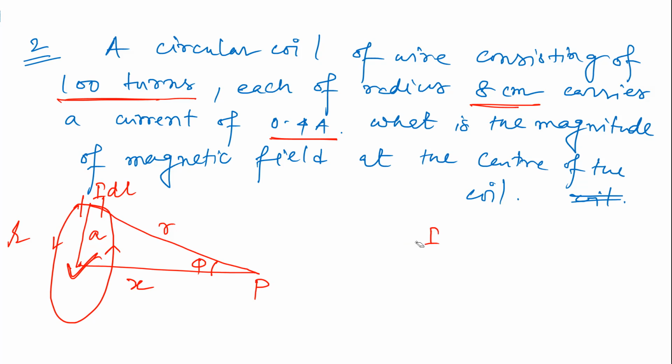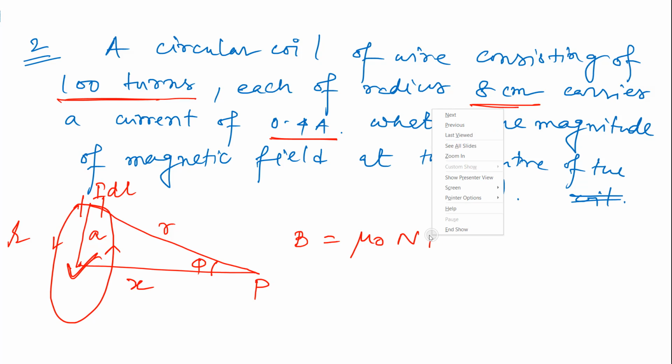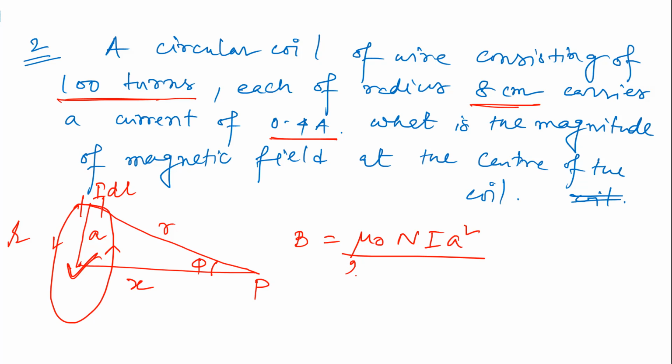Let me write it down, then you will understand it better. That is the magnetic field for that case: mu naught n I a square divided by 2 into (a square plus x square) whole to the power of 3 by 2.